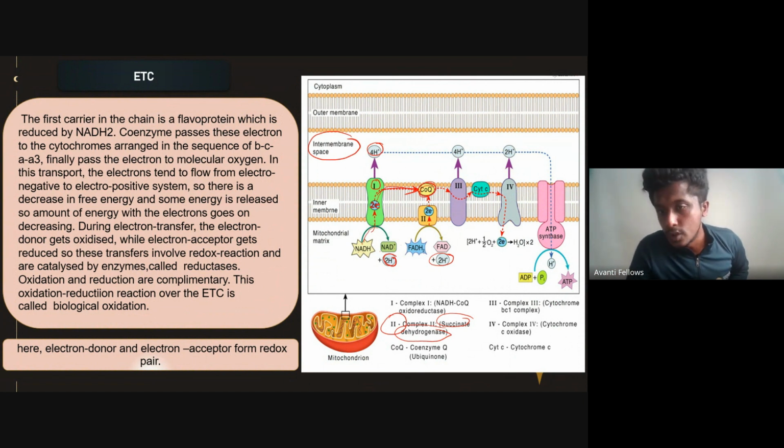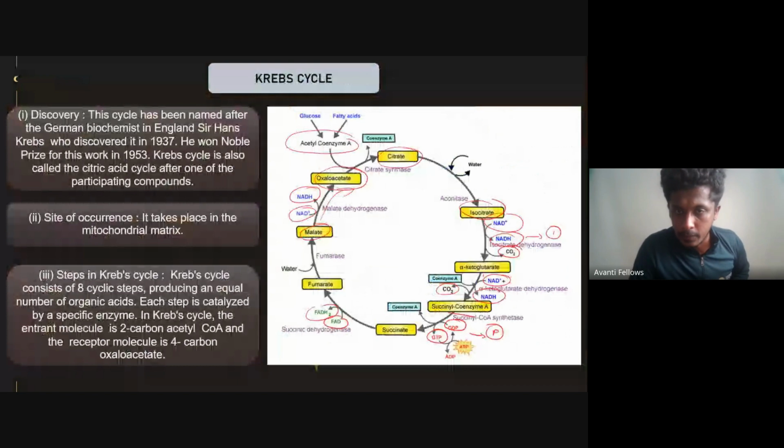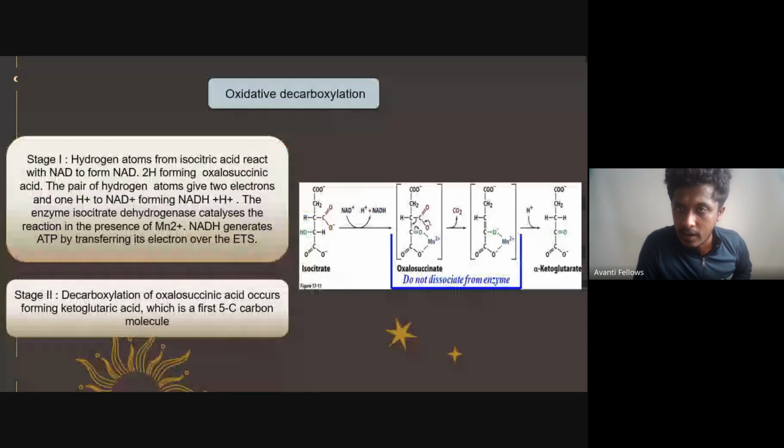If you look at the Krebs cycle, you will understand. So it comes during the Krebs cycle. What is happening here? We have succinyl CoA, okay, and then it is converting it to succinate. Or you see here, it is converting succinate to fumarate. During this process, you can see that FAD is reduced to FADH2. The same enzyme, succinate dehydrogenase.